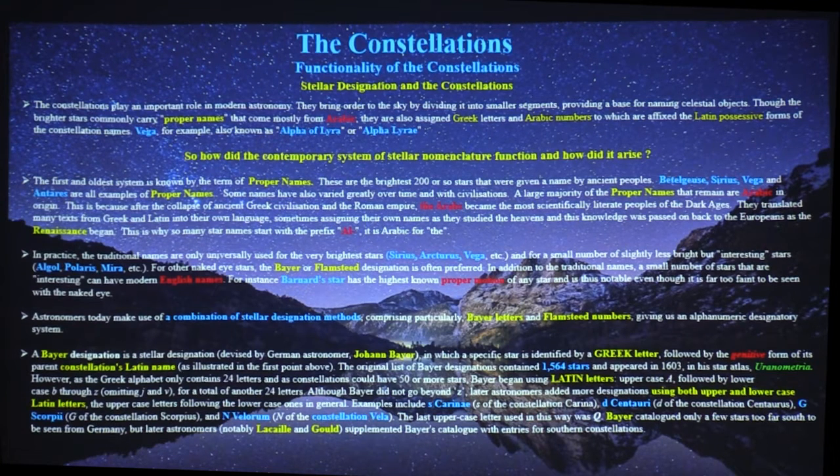Now, two leading astronomers impacted the way we designate the stars in constellations, and they are Bayer and Flamsteed. Johann Bayer was the first to apply a system where he'd take the brightest stars, the first magnitude stars.